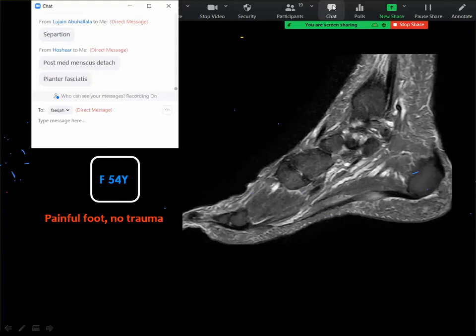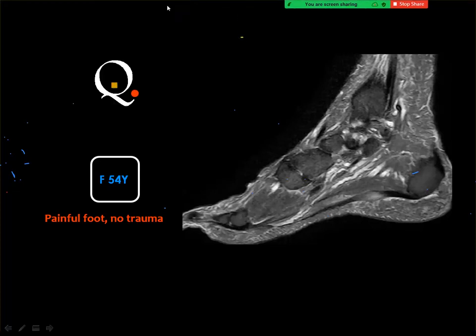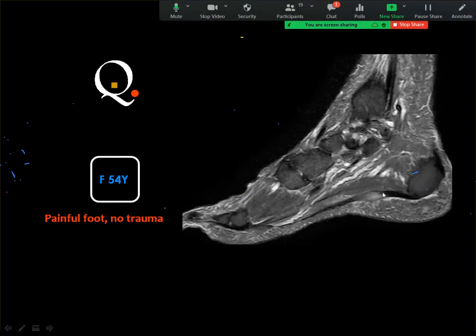Plantar fasciitis, very good. And yes, most of the answers are going the right way, and this is plantar fasciitis. Plantar fasciitis is one of the causes of pain in the foot, especially in the inferior aspect, and you should carefully look for this in every case.